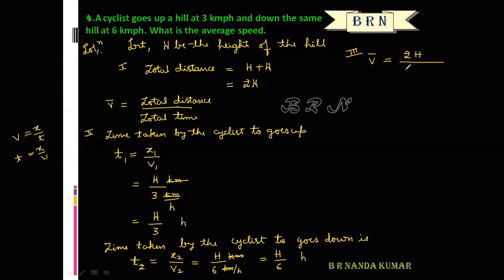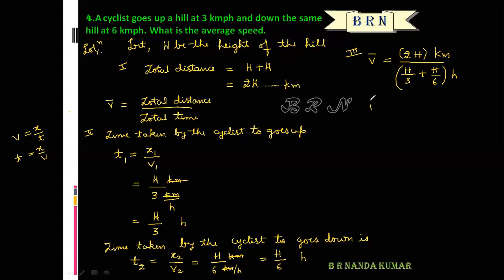Total time taken is H by 3 plus H by 6. This is in terms of hour. Okay, total distance is H plus H kilometer, so this is 2H kilometer.